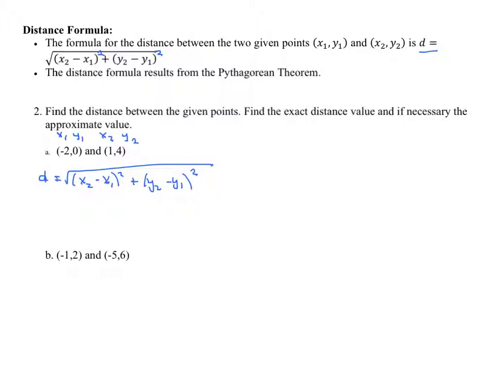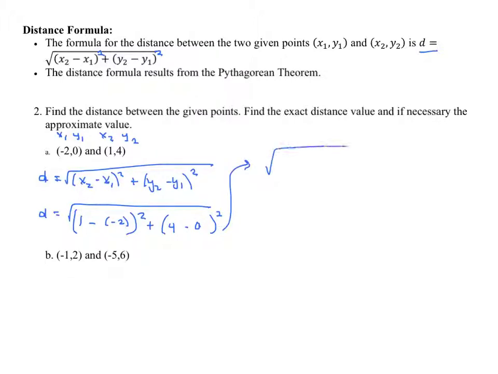So here we go, plugging in. x2 is 1, x1 is negative 2, and then we're going to square that. y2 is 4, y1 is 0, then we'll square that. Let's go up here. 1 take away negative 2 will be 3 squared, plus 4 take away 0 is 4 squared.